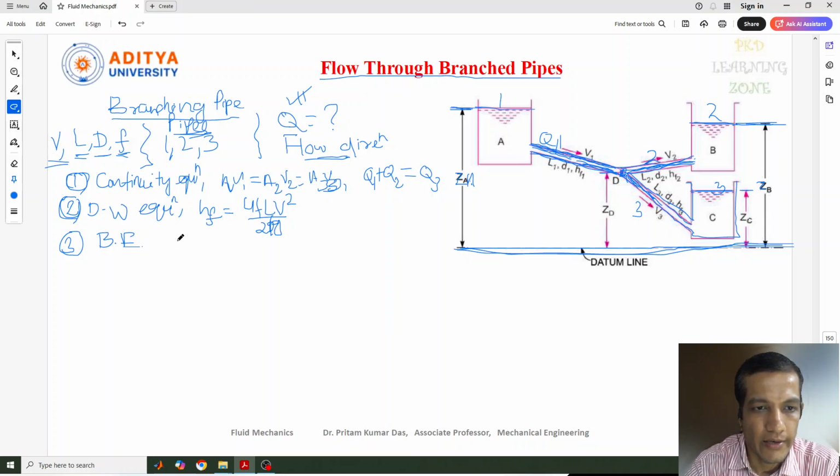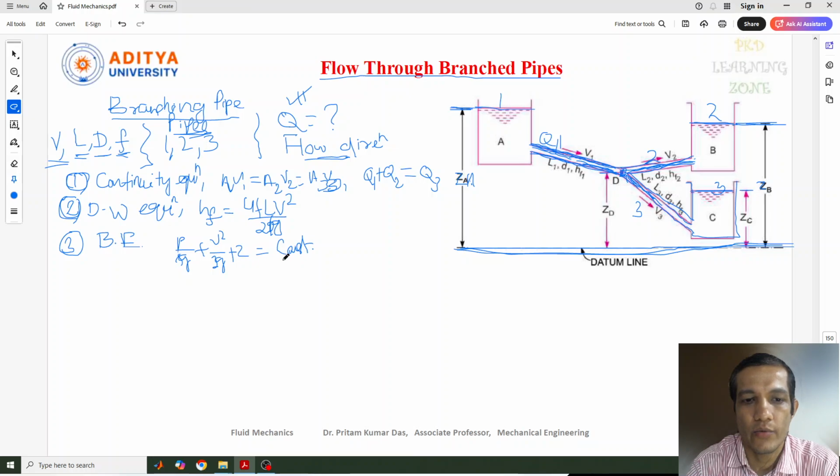So you can write that here. When multiple points are there, we can write P1 by rho g plus V1 square by 2g plus Z1 equal to P2 by rho g plus V2 square by 2g plus Z2, and we can write multiple such equations there.